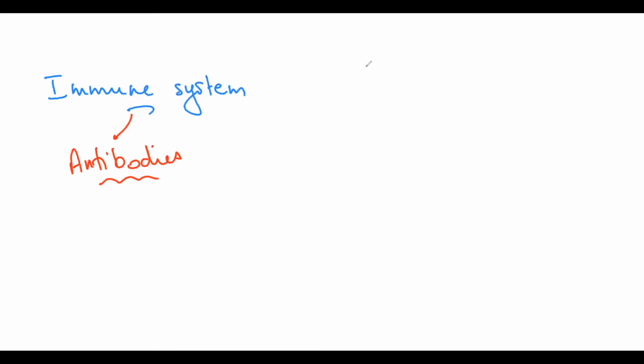Suppose we have an antibody looking like this. So it can fit by this side into a complementary or an opposite shape. What is this opposite shape? Suppose I have here a bacterium, and on the cell membrane on the bacterium there is a certain protein which is called an antigen.